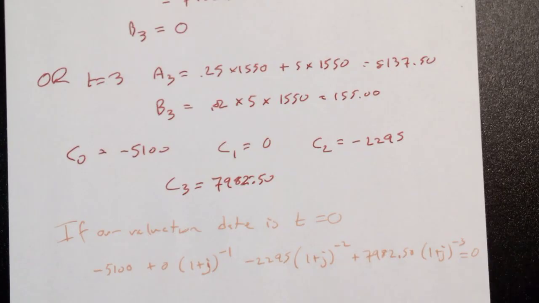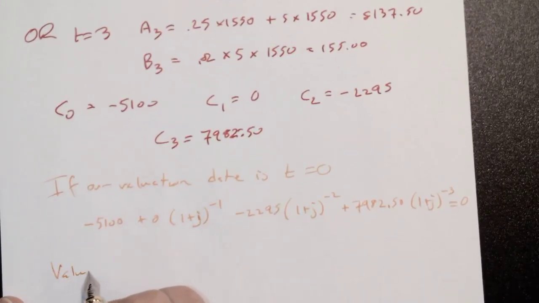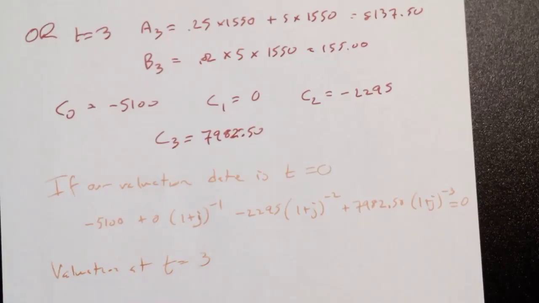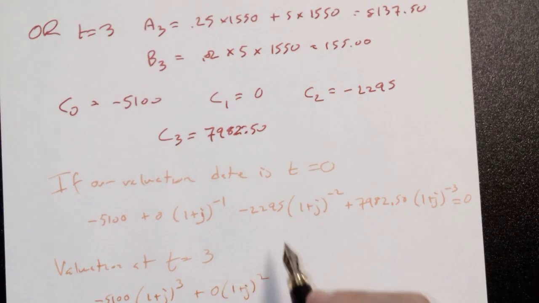If I used time 3, I need to move everything forward to 3, right? So this time, the 5100 has to go all the way forward in time. Minus 5100, 1 plus j cubed. 0 has to go forward, 1 plus j squared. 2295 has to go forward.